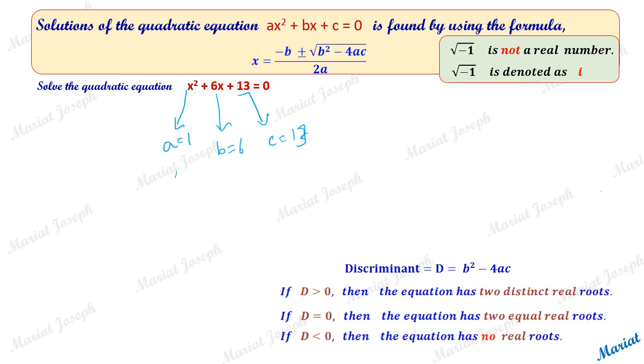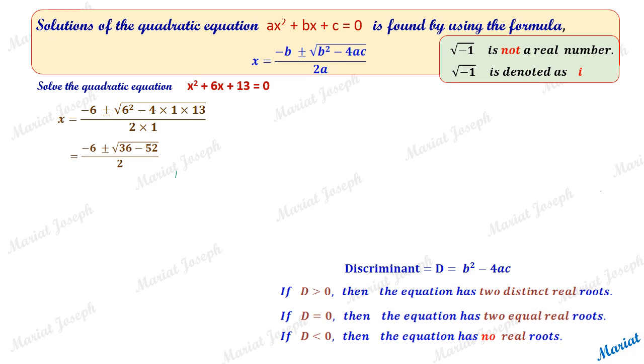Now let's see how we are going to solve it. I'm going to put it in the formula (−b ± √(b² − 4ac)) / 2a. But while calculating, you notice 6² − 52, 36 − 52 is coming minus 16 inside the under root. Here lies the problem.